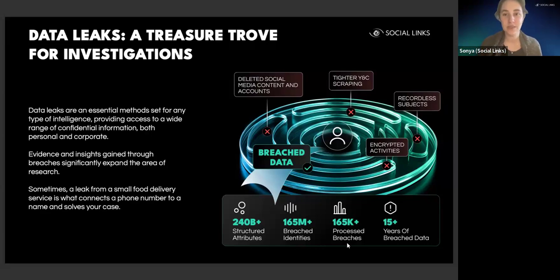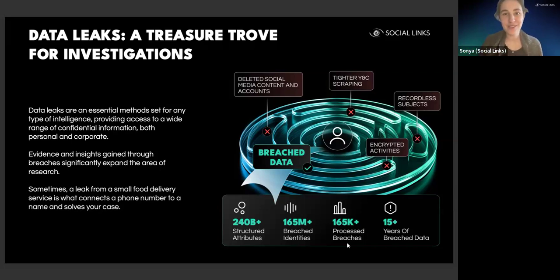One of them is that some accounts are deleted from social media, or people are trying to avoid social media at all. Or let's say Twitter is restricting what kind of information we can get from there. However, since you can hit a dead end there, there are leaks.